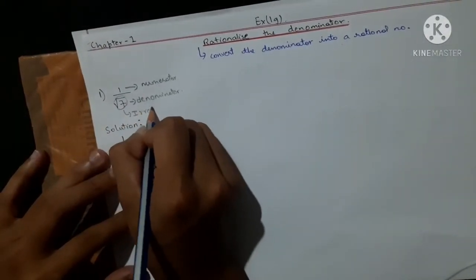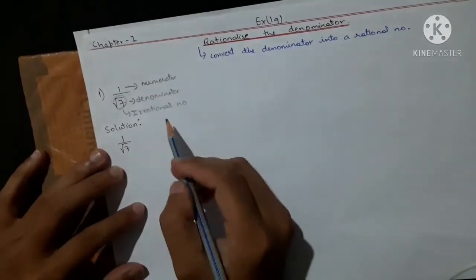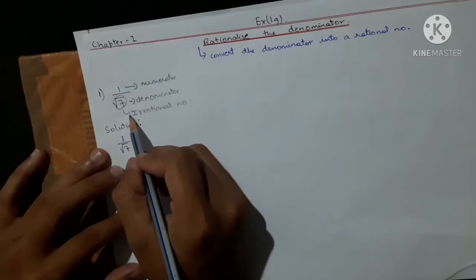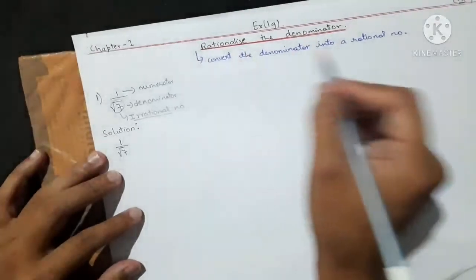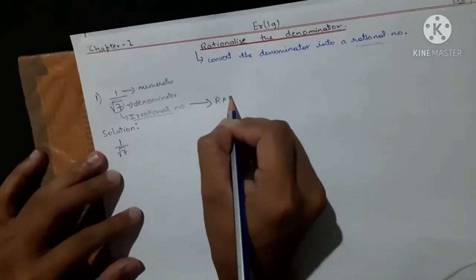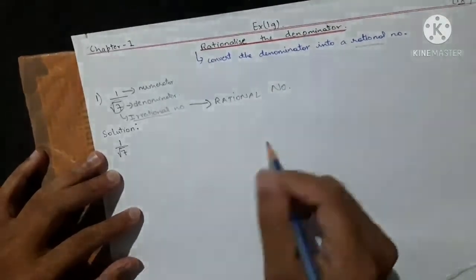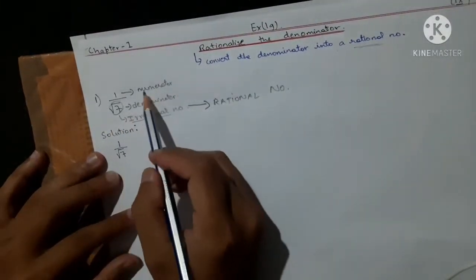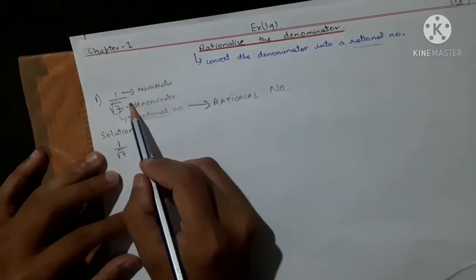It is an irrational number. So in this question, what we have to do is convert this irrational number into a rational number. Okay, only the denominator. The numerator we don't have to do anything, only the denominator.